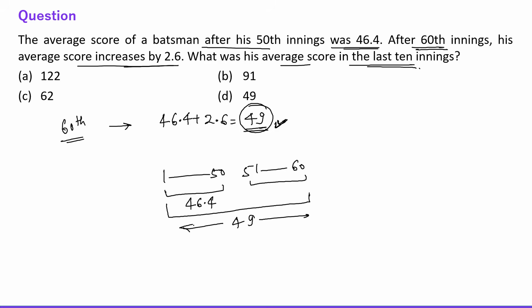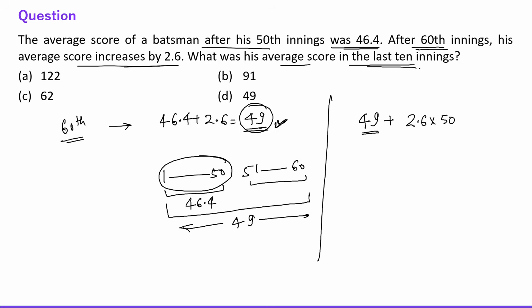It means from 51 to 60th innings, what did he score? He scored 49 as their average and something more that he has contributed to these 50 innings also. So what extra has he contributed? So he has contributed 2.6 to those 50 innings.